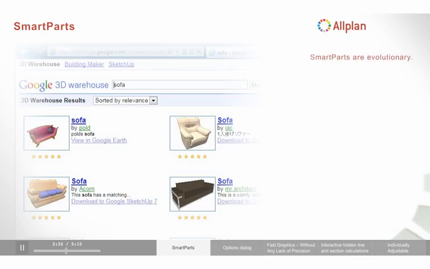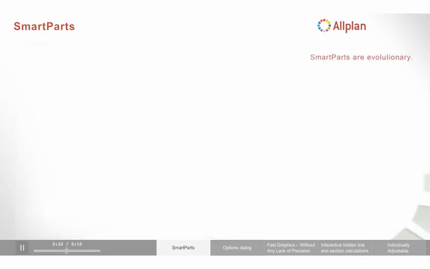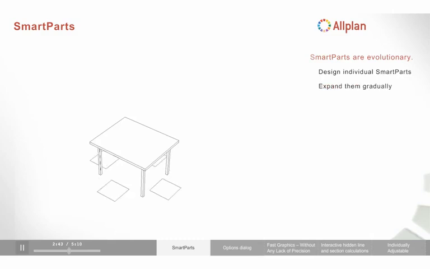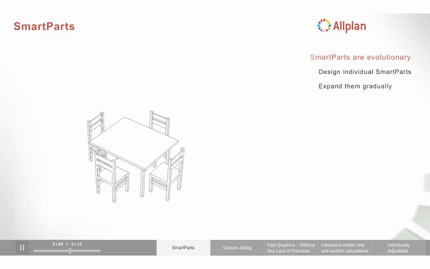It is very often the case that even large libraries do not contain what you are looking for, or you're searching for something very special. Individualized SmartParts can be easily created in such cases. Begin with the first sketch and expand this step by step with 2D or 3D objects. Add parameters for dimensions, colors, and also materials.